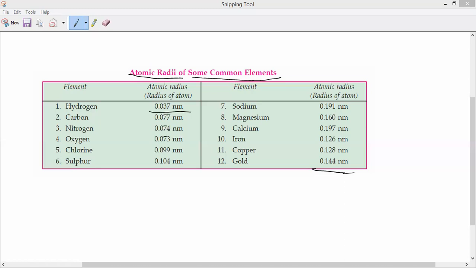What do you mean by STM? The most advanced type of electron microscope is the scanning tunneling microscope. That is what we should call STM. STM is the most advanced electron microscope used to detect atoms and to know the behavior of atoms.